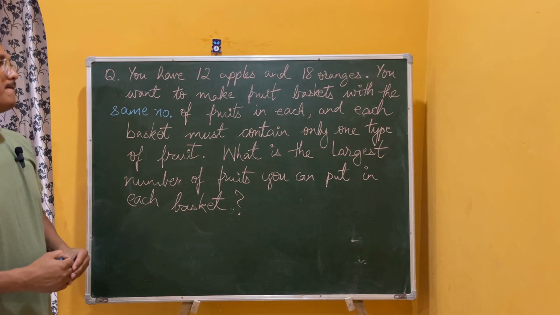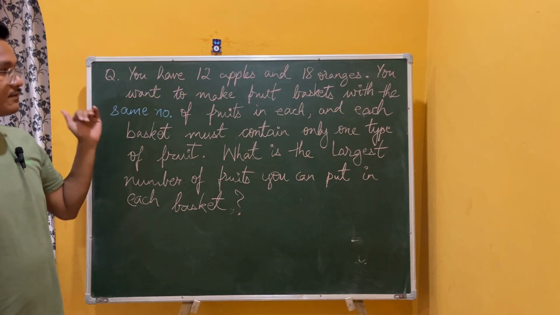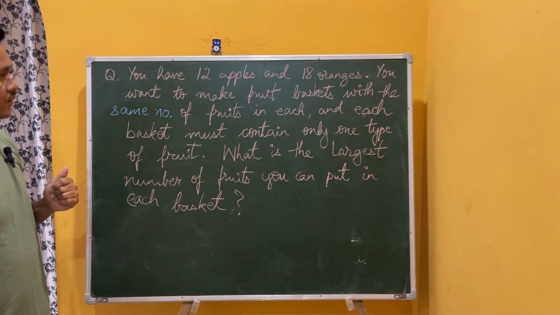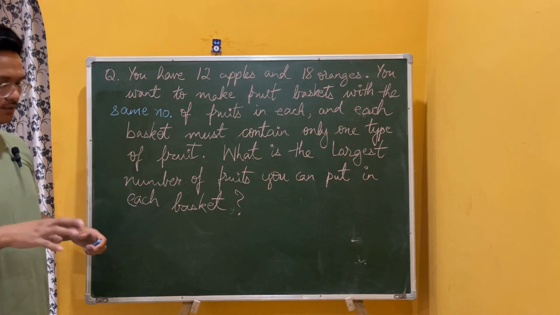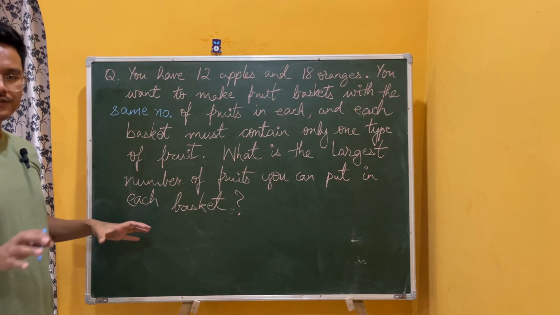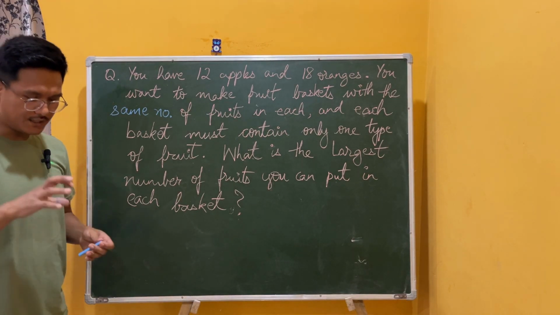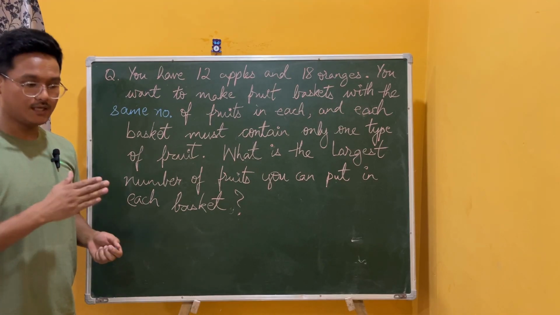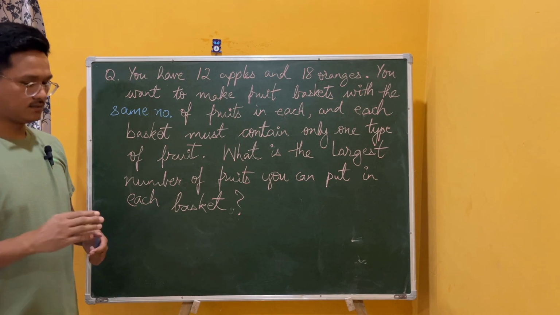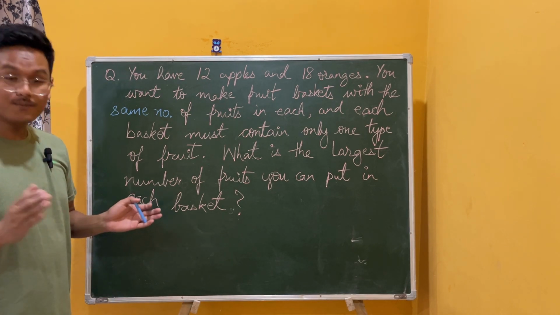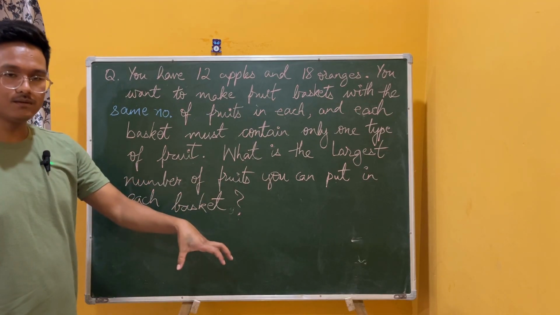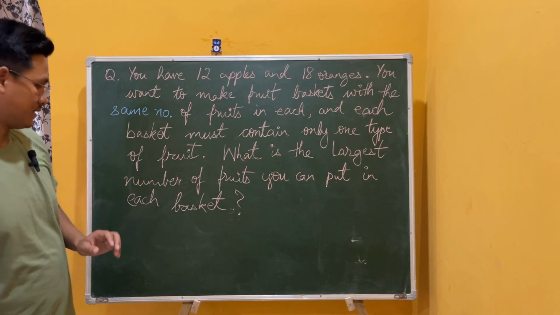So here we have two different types of fruits, apples and oranges, and you want to put them into baskets. And the condition here is that in each basket there must be an equal number of fruits, and also in each basket there should be only one type of fruit, containing only apples or oranges.